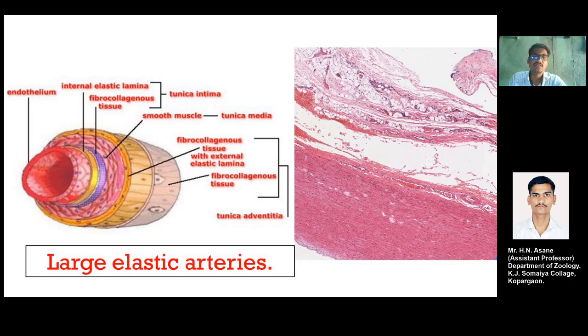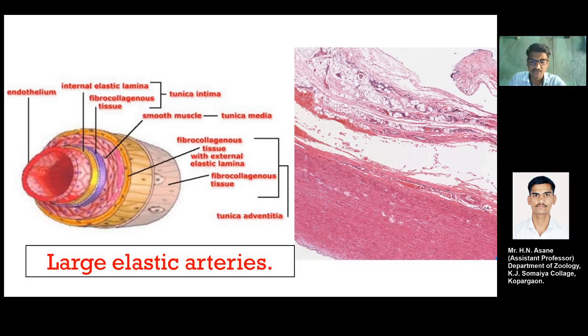Then there will be the endothelium layer or the inner elastic lamina layer. Then the tunica intima, and the large coating is nothing but the tunica adventitia, and the white patches are some fibroblast cells present in these large elastic arteries.